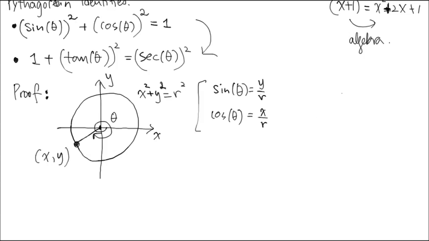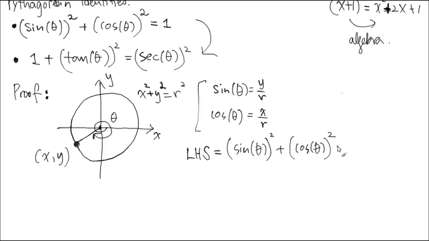Now, what this identity is claiming is the left-hand side is going to be simply 1. So I'm going to do that left-hand side. Okay? What is the left-hand side? Sine theta squared plus cosine theta squared, right? I'm not setting this equal to 1.